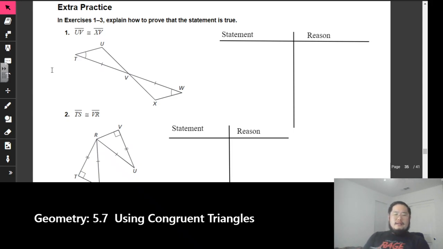So let's go ahead in our statement, let's add some given stuff. Okay, so look at the diagram. Let's see what we have given. There may not be any written statement outright, but I can see right here that angle T is congruent to angle W. I also see right here that segment TV is congruent to segment WV.